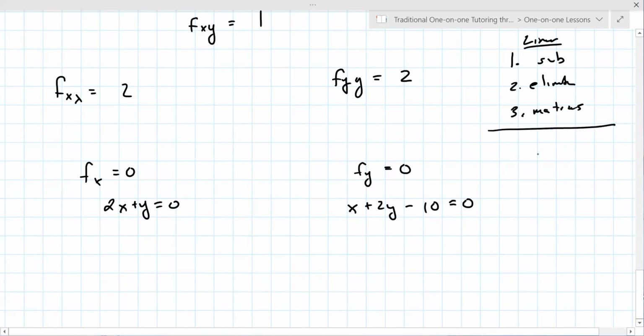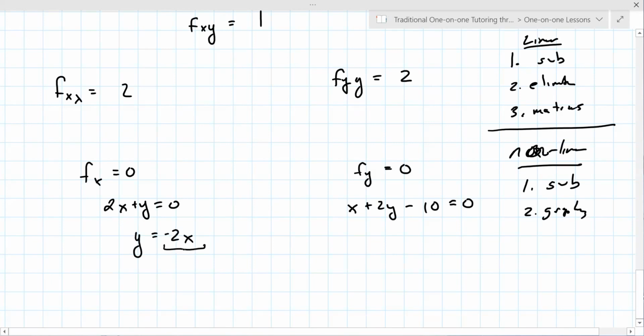But in the last problem, it was a nonlinear system because it had quadratics, and essentially the only approaches that work are substitution or graphing if you have access to that technology. Generally you just use substitution because it's fastest here. So you sub in that right there: x plus 2 times minus 2x minus 10 equals 0.